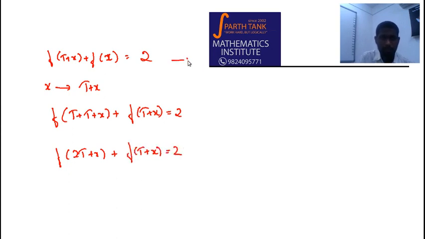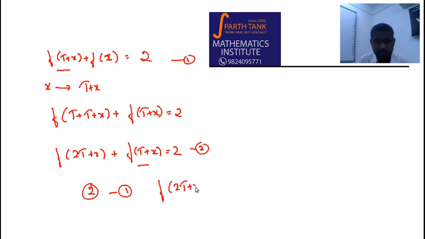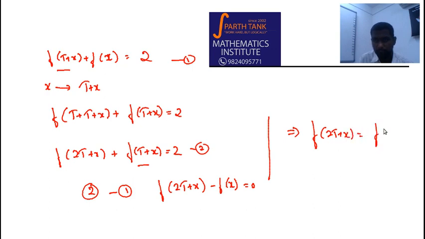Let us call this equation 1 and this as equation 2. If you subtract 2 and 1, you can see that this term f of t plus x will get cancelled on the left hand side, and on the right hand side the 2 gets cancelled. So this becomes f of 2t plus x minus f of x is equal to 0. This implies f of 2t plus x is equal to f of x.